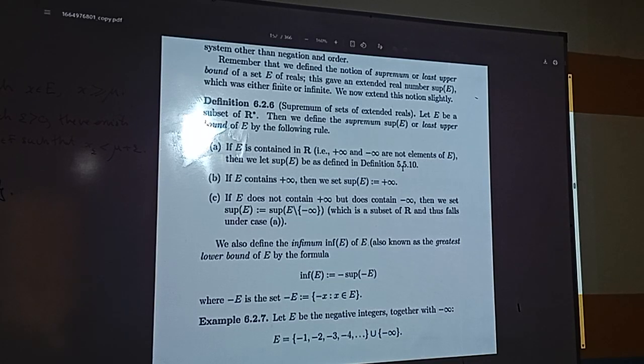But definition 6.2.2 says... And before that he is saying minus plus infinity is minus infinity, and minus minus infinity is plus infinity. That is, again, a definition.